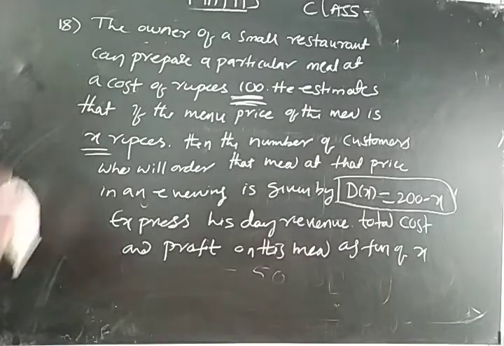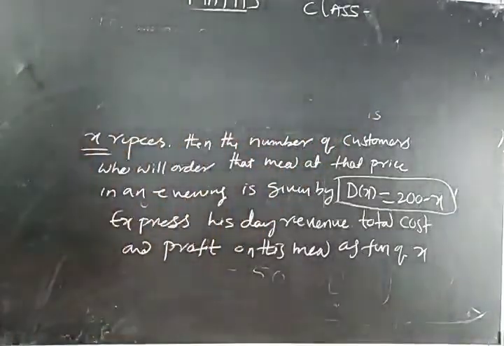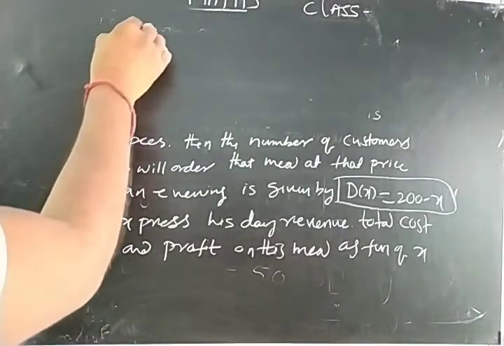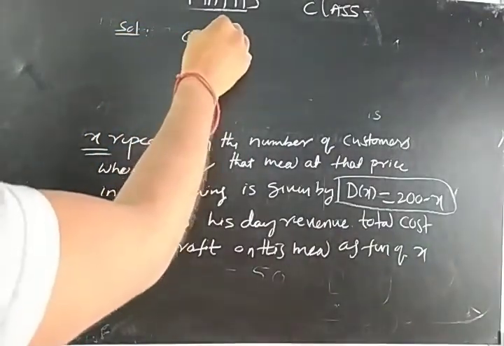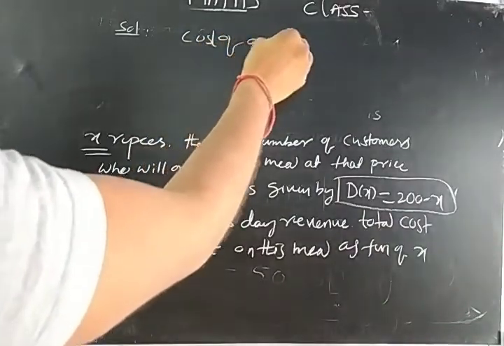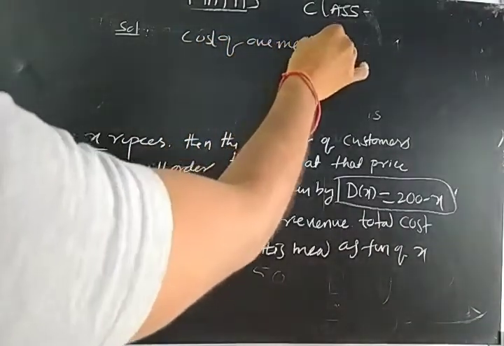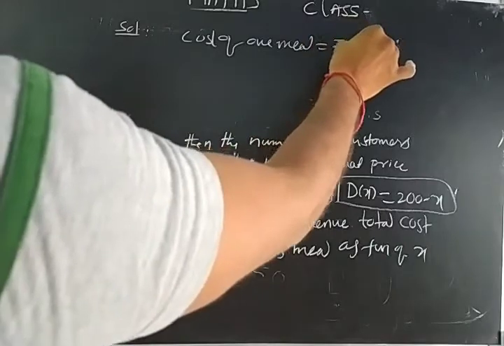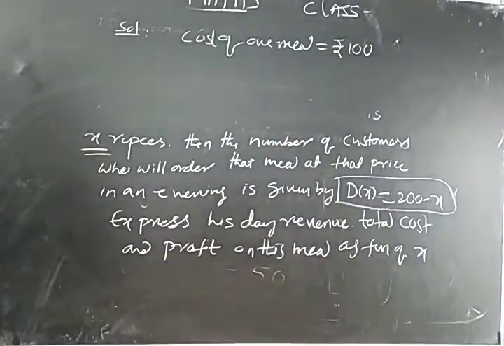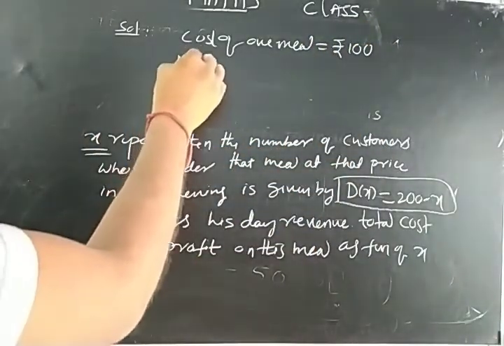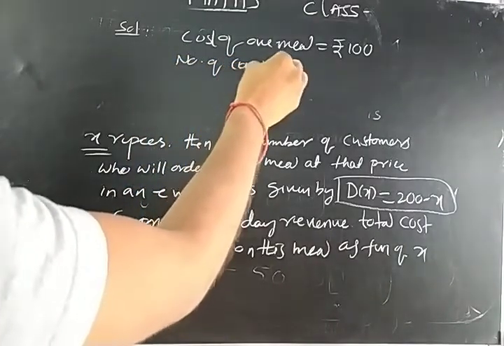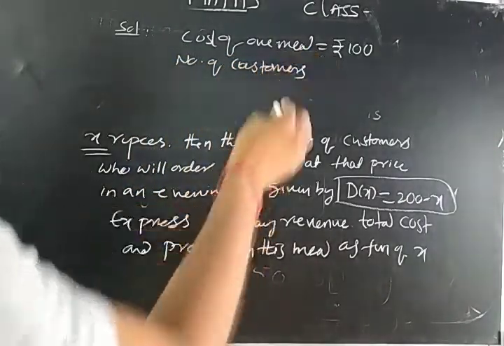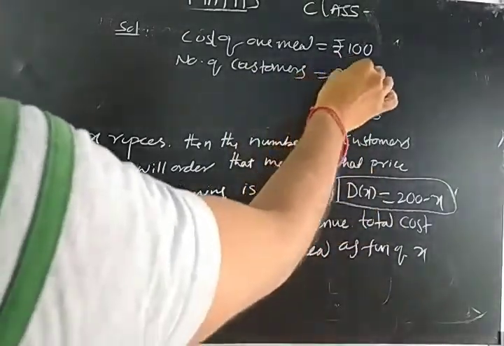Now I will write the given information. Solution. What is given? Cost of one meal is 100 rupees. Number of customers is given by this function, 200 minus x.